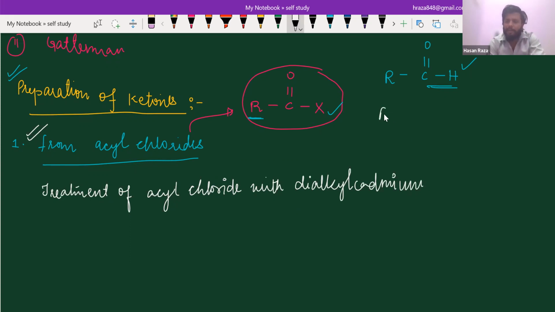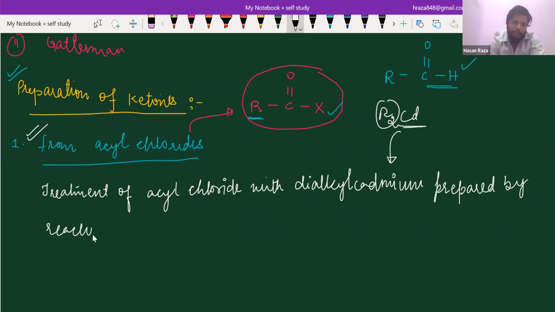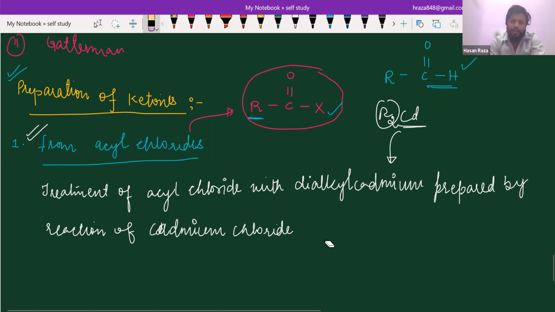Dialkyl means the alkyl part is twice, R2Cd, so this is dialkyl cadmium. Prepared by reaction of cadmium chloride with Grignard reagent.